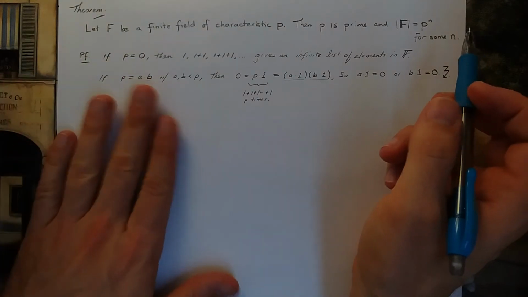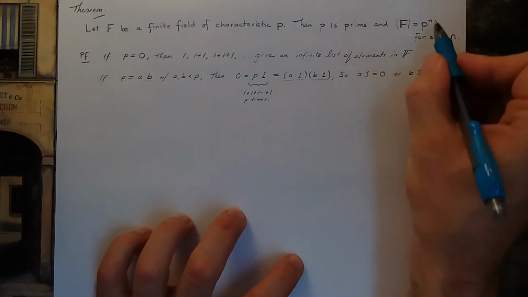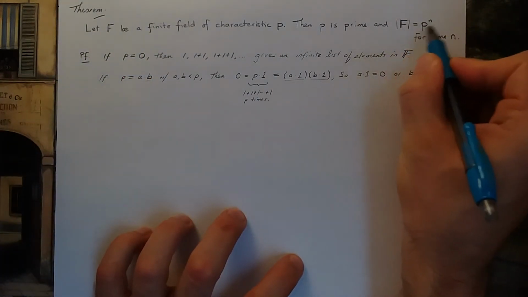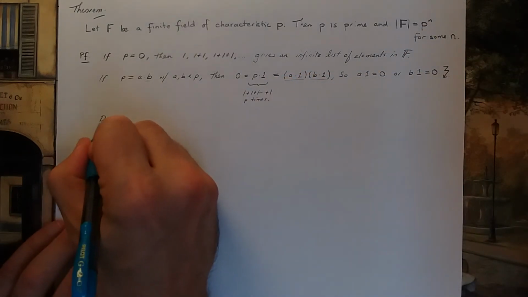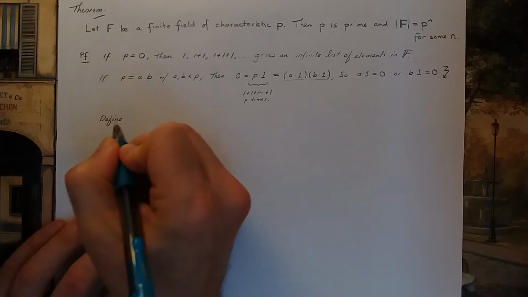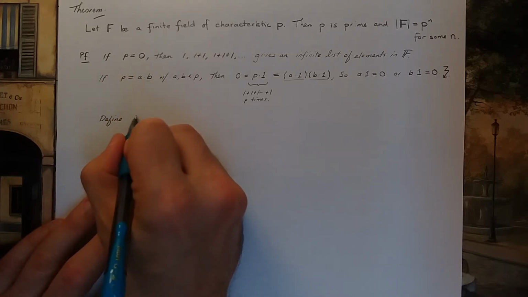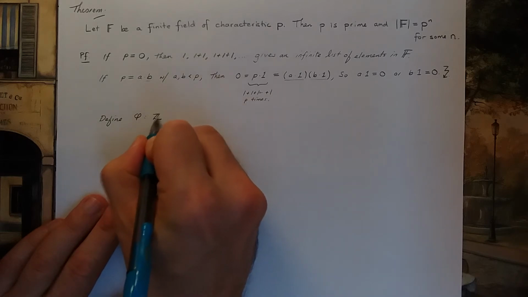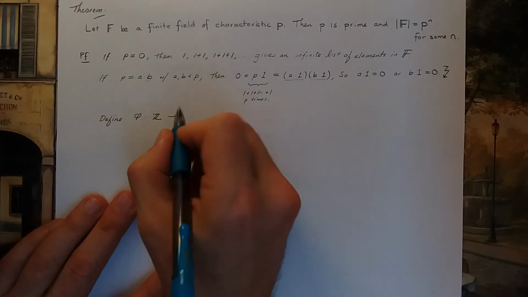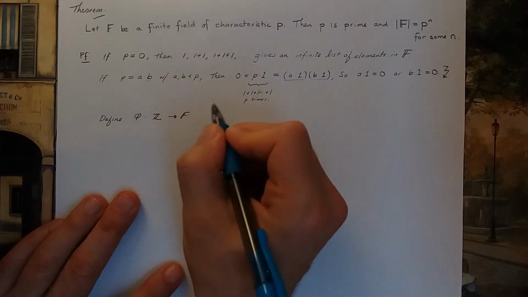So p is a prime number, and to finish the proof, I will show that the size of your finite field is actually a power of a prime. Now to do that, I'm going to define a ring homomorphism. I'm going to define a function phi that goes from the integers and lands in my finite field.